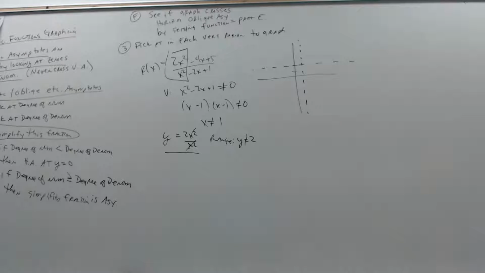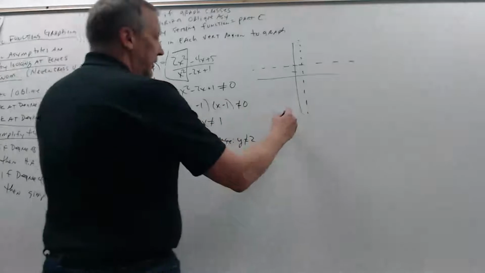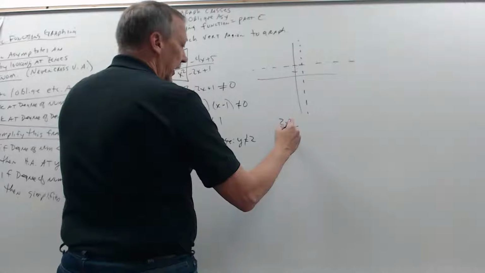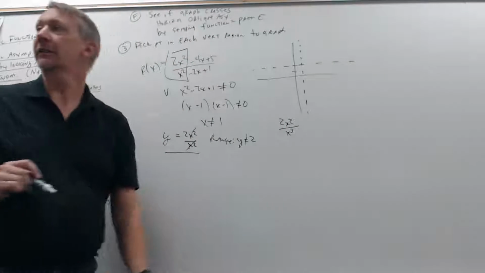Just to confirm, the reason that we got the first part is because both degrees are equal. If the top one was even greater, it would still be that case, but if the bottom one was like x cubed, then we would just set the whole thing equal to 0. So if this was 2x squared over x cubed, is that what you're asking? Yeah.